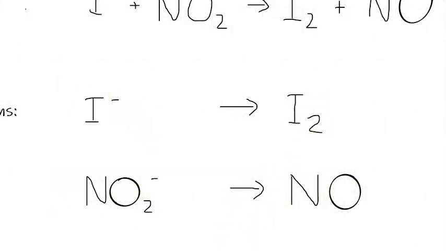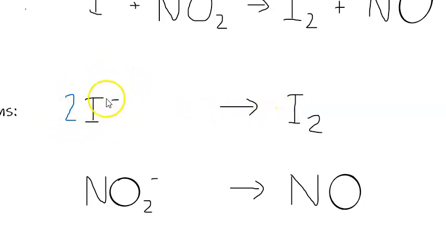To balance this half equation, we need to make sure that each side of the reaction has the same number of atoms. In this case we don't have oxygen or hydrogen atoms, but the non-oxygen or hydrogen atom is the iodine. We've got 2 iodine atoms there and 1 iodide ion there, so we need to have 2 iodide ions.